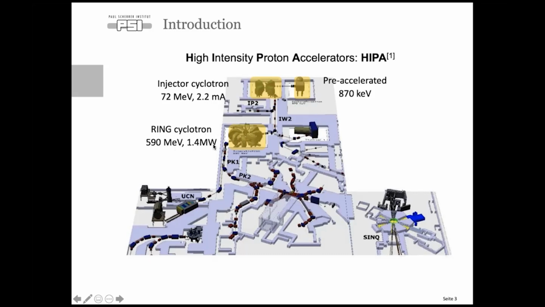So this power actually makes Hipaa one of the most powerful proton accelerators in the whole world. And I'm not sure for now, maybe now it's not the best one, but definitely one of the most powerful ones. And after that, the beam gets delivered and separated into 7 different beam lines to different target stations.